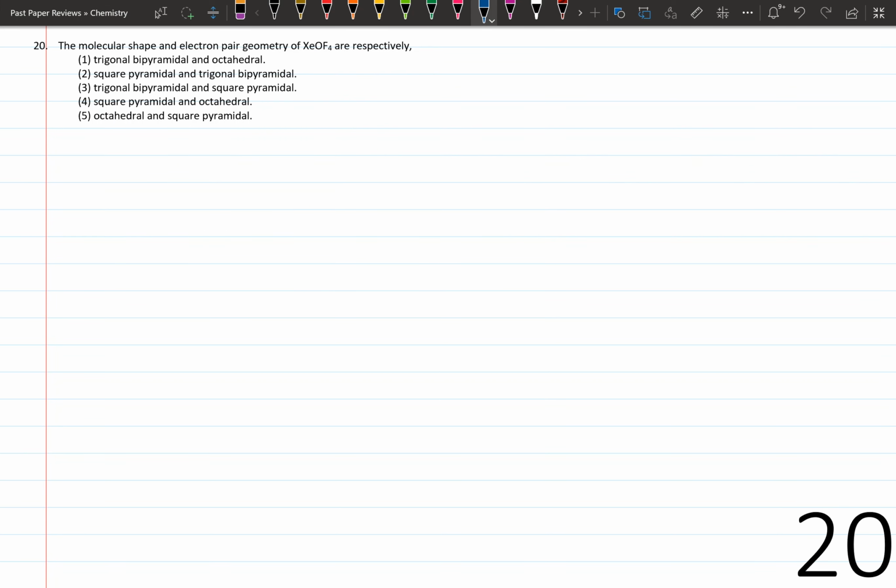Question number 20. The molecular shape and electron pair geometry of XeOF4 are respectively. Total number of electrons are 8 plus 6 plus 7 into 4, which is equal to 42 electrons, which is 21 pairs. So we have the skeleton of XeOF4 here.